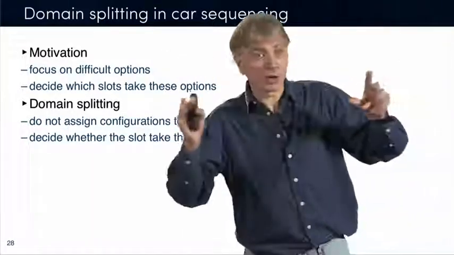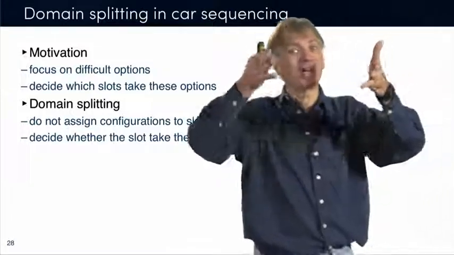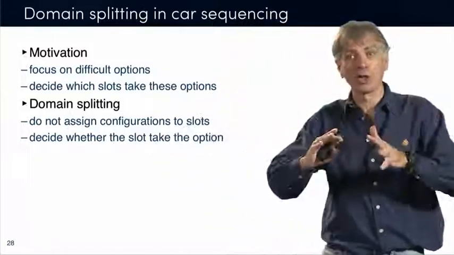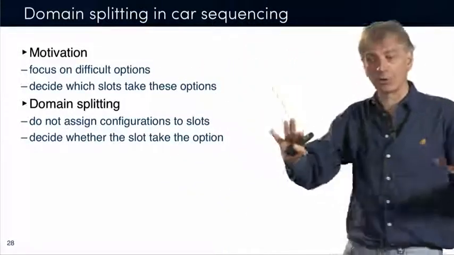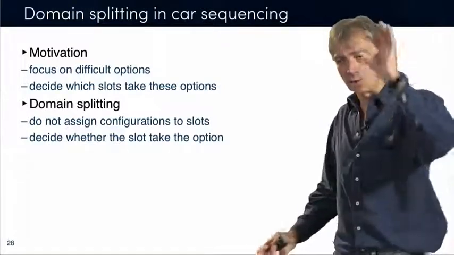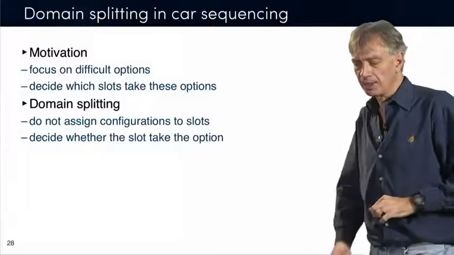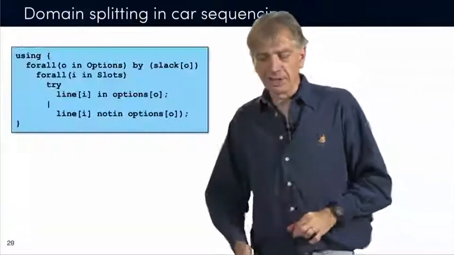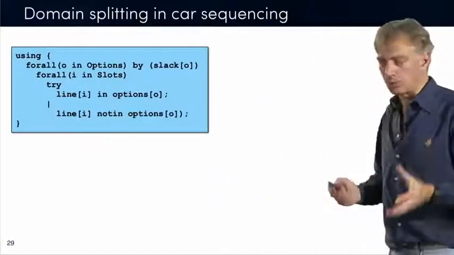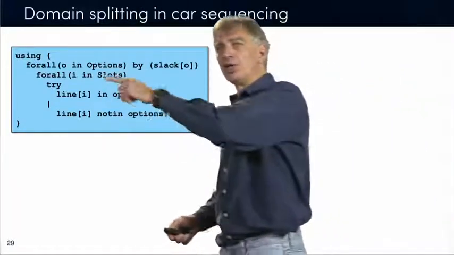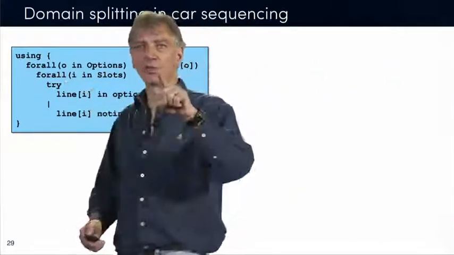But you are not actually placing a car. You are saying there will be a car in that particular slot with that option, but I don't want to commit to which car at this point. This is the key idea. What you are focusing on are the options, and first the options that are really difficult. And the way to do this is very natural. You do a search procedure which iterates over the options.